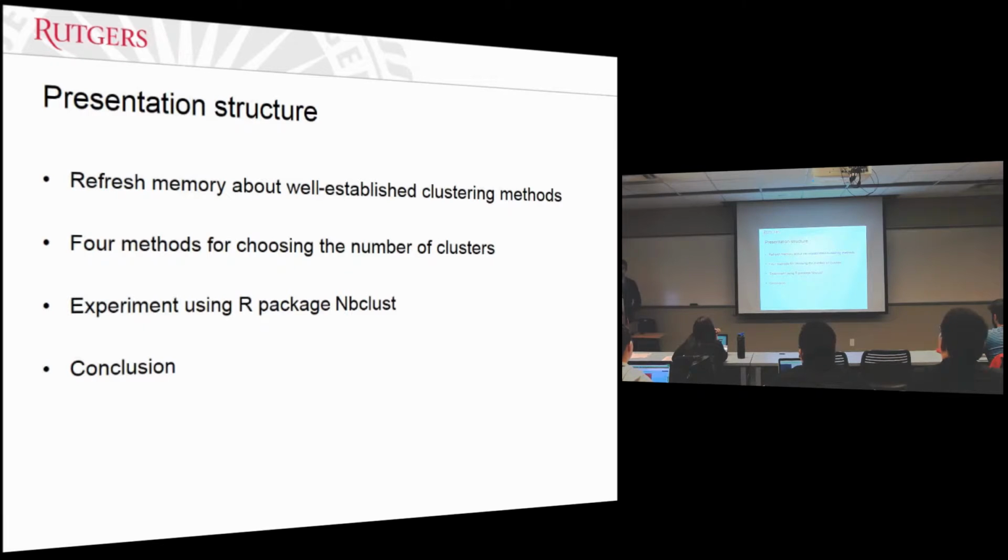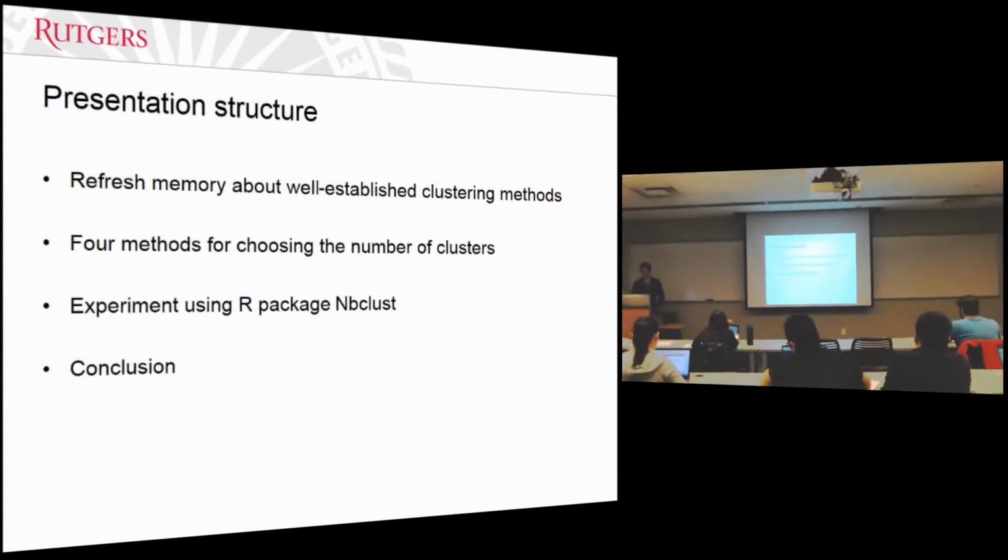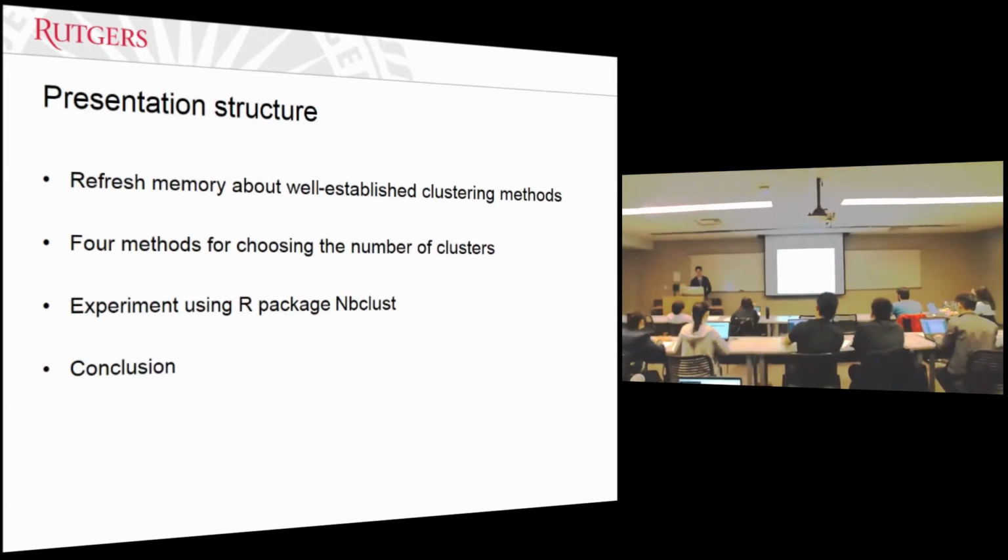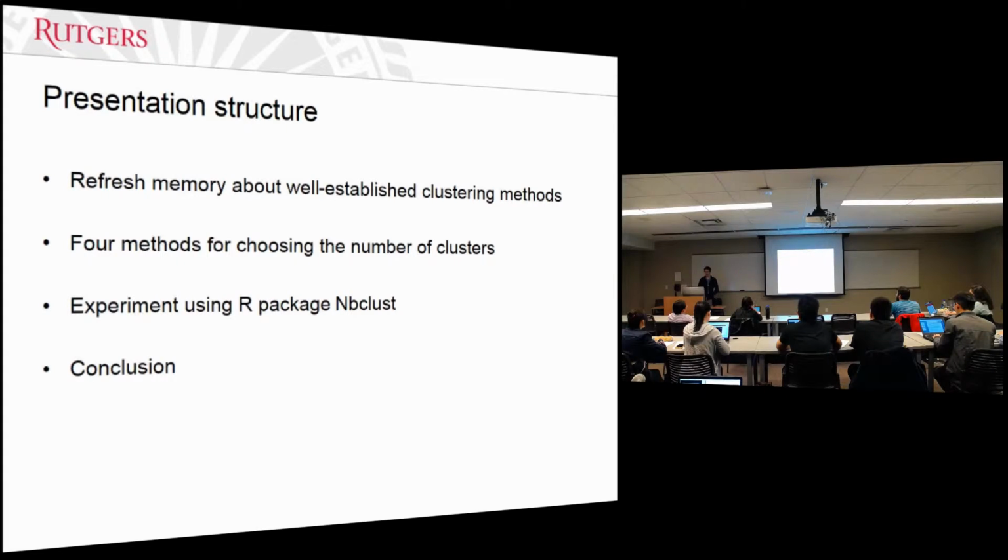And my structure of this paper is that at first I will spend about 1 minute to refresh our memory about some well-established algorithms for us to use to do clustering. And the second part is most important.